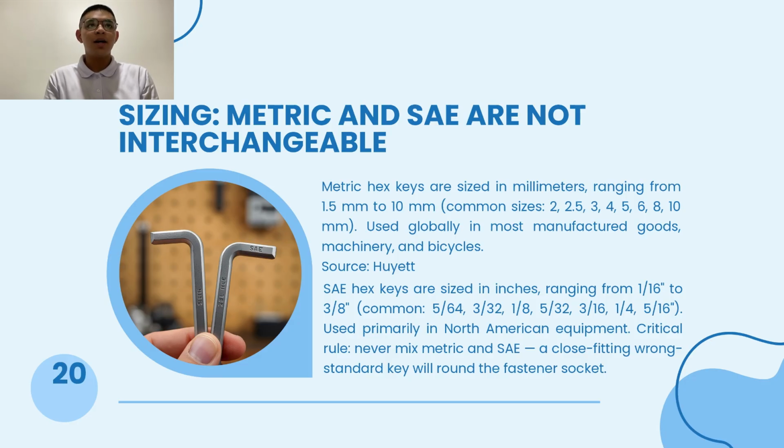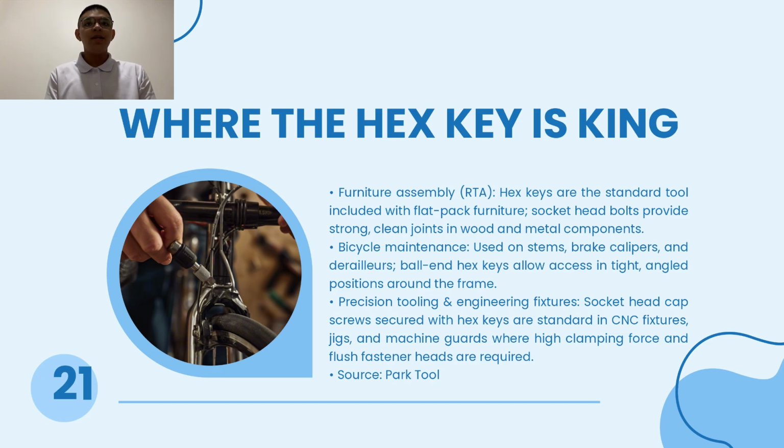SAE hex keys are measured in inches, ranging from 1/16 of an inch to 3/8 of an inch, and are used primarily in North American equipment. The critical rule is that you must never mix metric and SAE, because a close-fitting wrong standard key will round off the fastener socket.